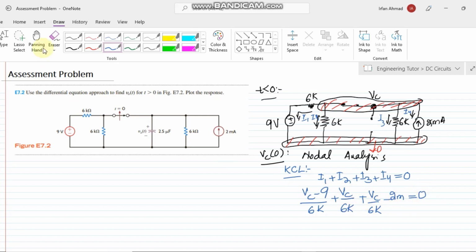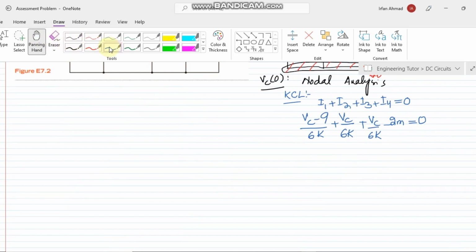Now let me analyze it. Multiplying both sides by 6k, I will get VC minus 9 plus VC plus VC equal to this will be 12 here. Basically adding 2m to both sides and multiplying by 6k on both sides, I will get 12 here.